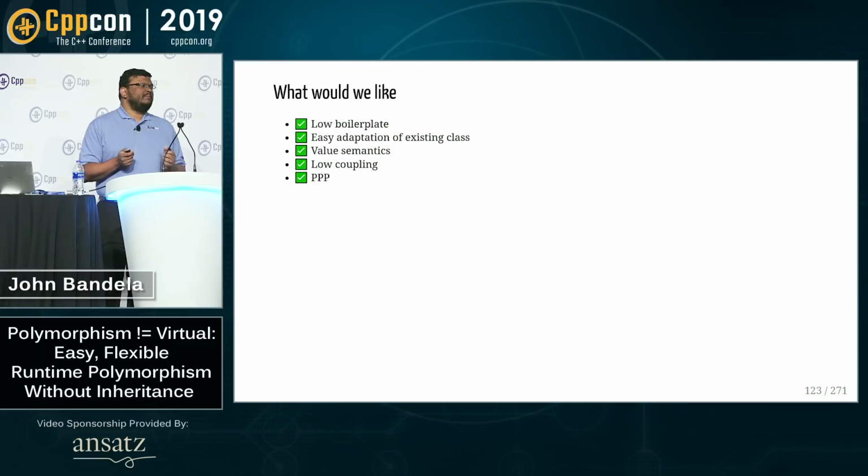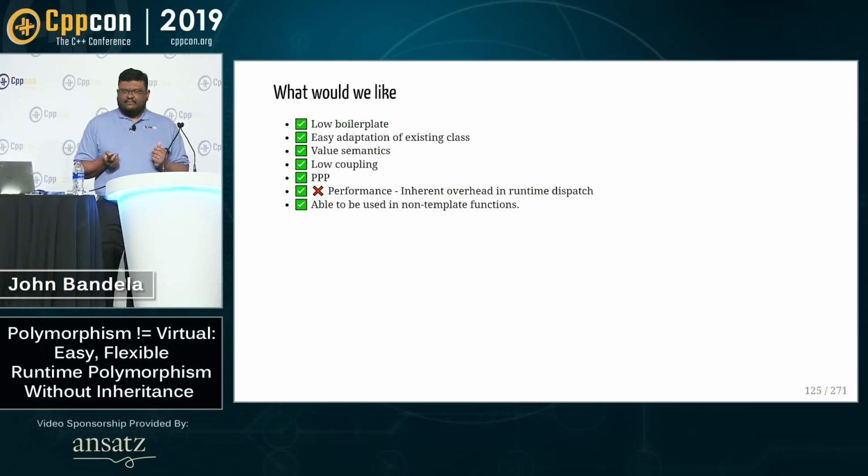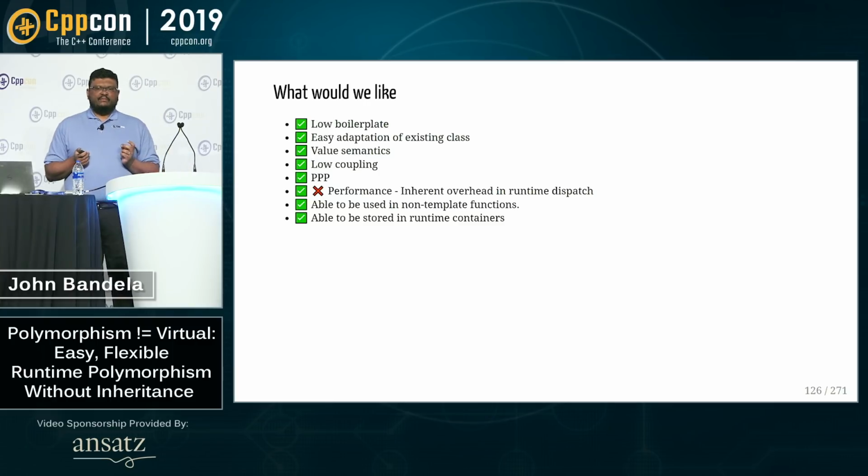We just use them in a polymorphic manner. And performance: we're going to have runtime dispatch, but we'd like it to be acceptable. We'd like to be able to be used in non-template functions, so we can have separate compilation. And we'd like to be able to store them in runtime containers.